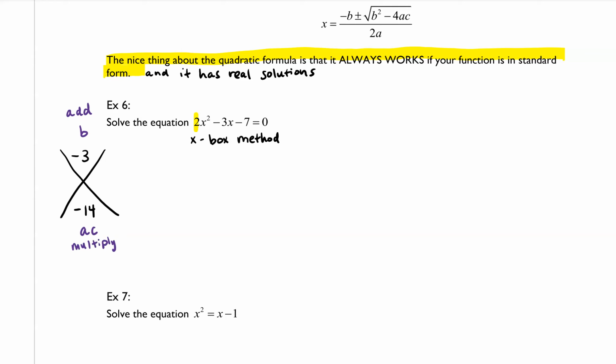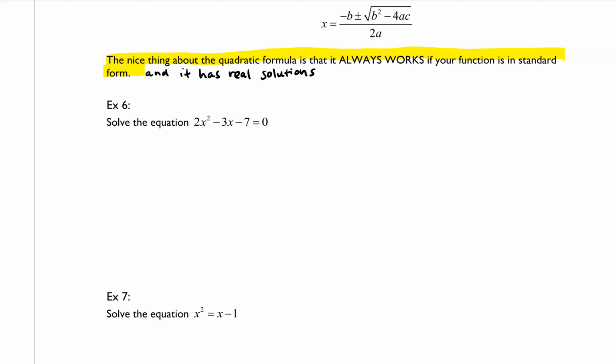Now, I don't know about you, but I cannot think of two whole numbers that add to -3 and multiply to -14, and that's because there are none if we're talking about whole numbers. Okay, so let's go ahead and erase that. And so this illustrates why we're not always able to use factoring methods.